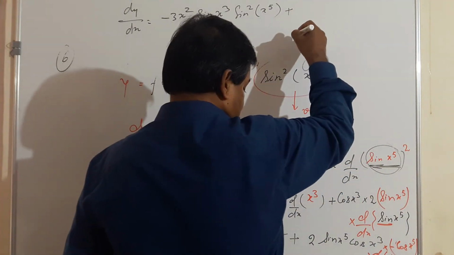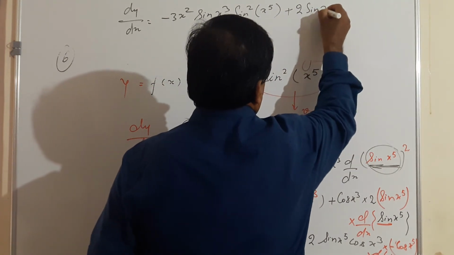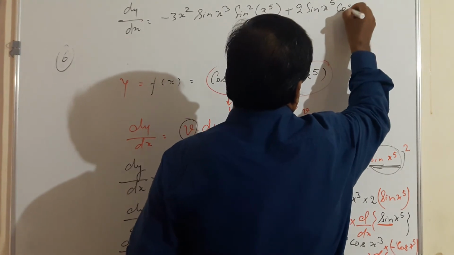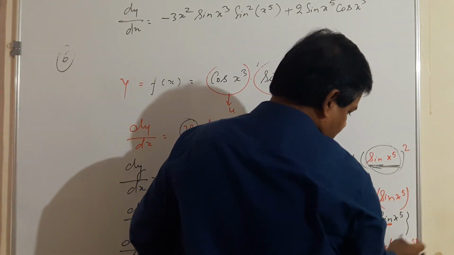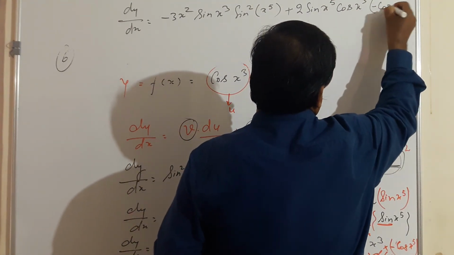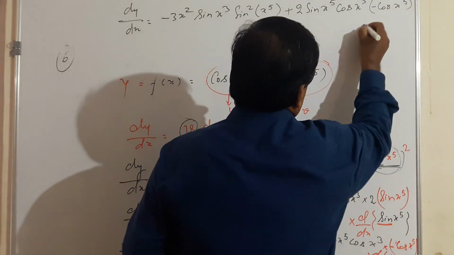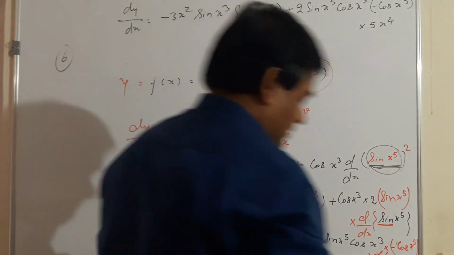So write here plus 2 sine x raised to the power 5 into cos x cube, here minus cos x raised to the power 5 into 5 x raised to the power 4.